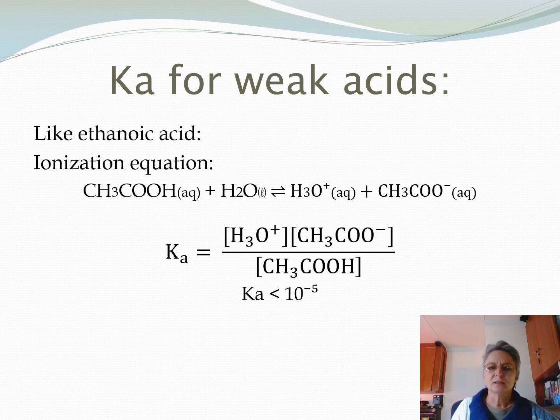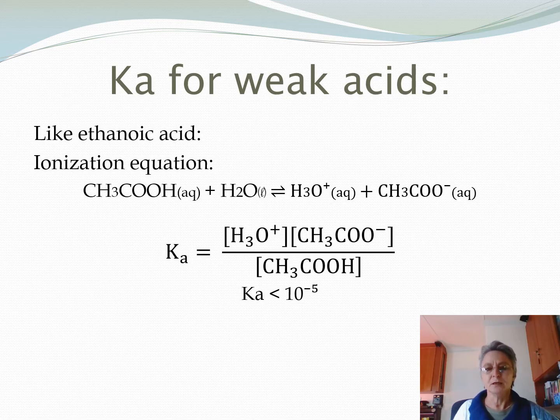Next we look at the Ka for weak acids like ethanoic acid. The ionization equation is given as CH3COOH aqueous, because it's dissolved in water. Water is a liquid. It's in equilibrium with H3O plus, the oxonium ion, and CH3COO negative, the anion.